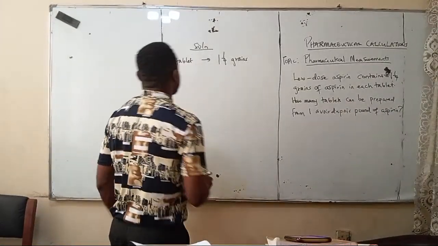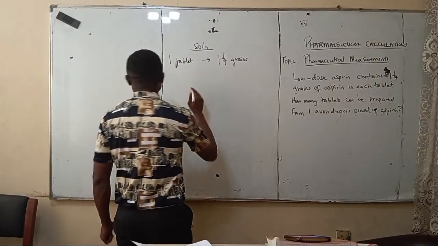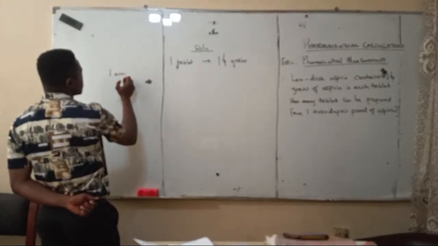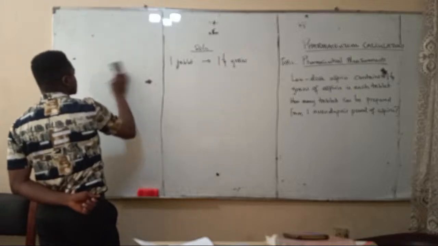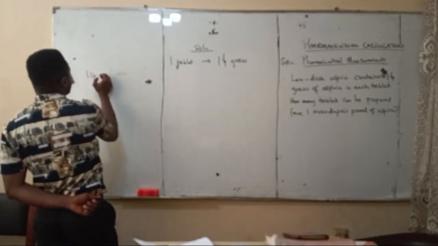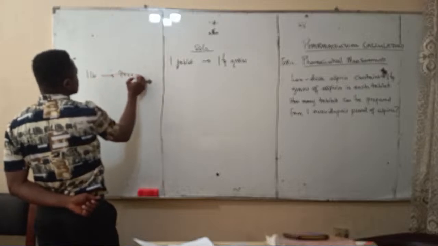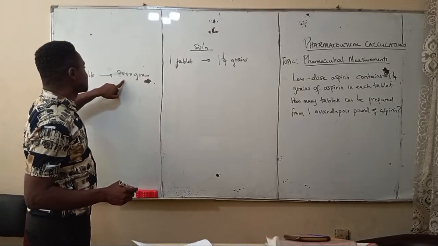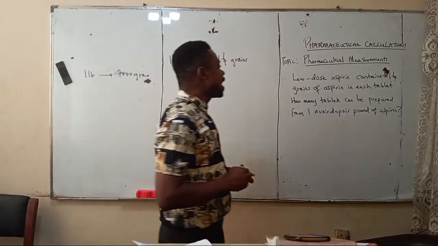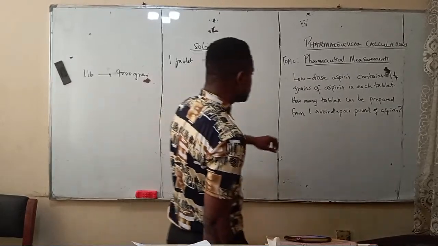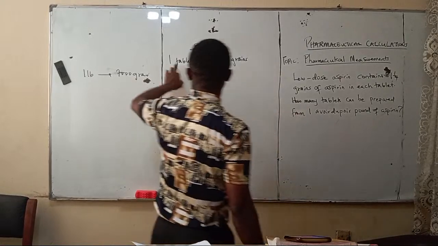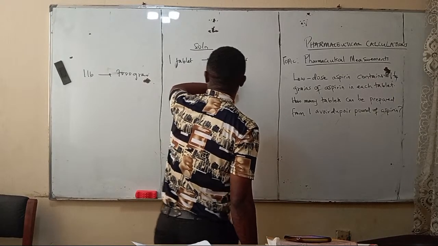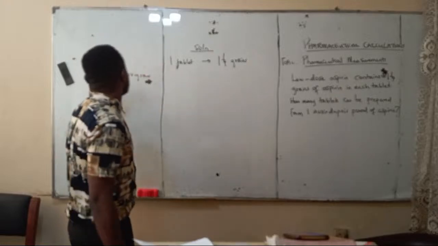But we know that 1 avoirdupois pound contains 7,000 what? Grains. So if 1 avoirdupois pound contains 7,000 grains, and 1 tablet has 1/4 grains, we want to know how many tablets can be produced from 1 avoirdupois pound.